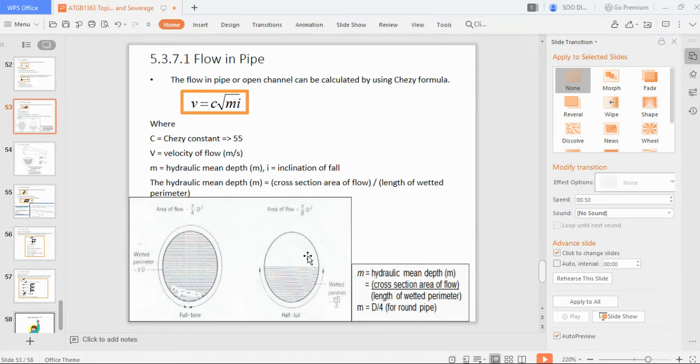If the pipe is not a round pipe, let's say a square pipe, which is unlikely, I will give it to you. You have to use this M formula. So this constant M, D over 4, is obtained from M equals the cross-section area of flow divided by the length of the wetted perimeter.